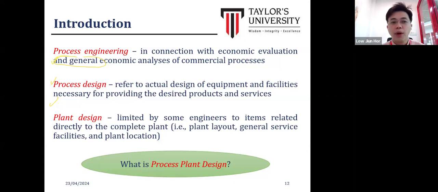Process, I think should be no problem. You know the meaning of process: the process that you carry out in order to produce something. For example, a chemical reaction can be considered a process. If you want to mix component A and component B together, you apply the mixing process. Then mixing is also considered a process.